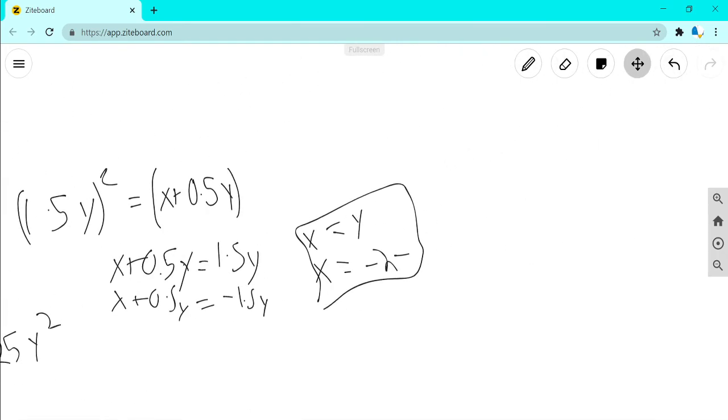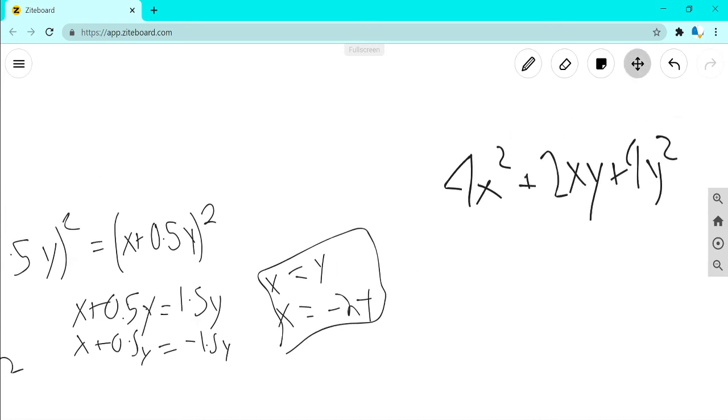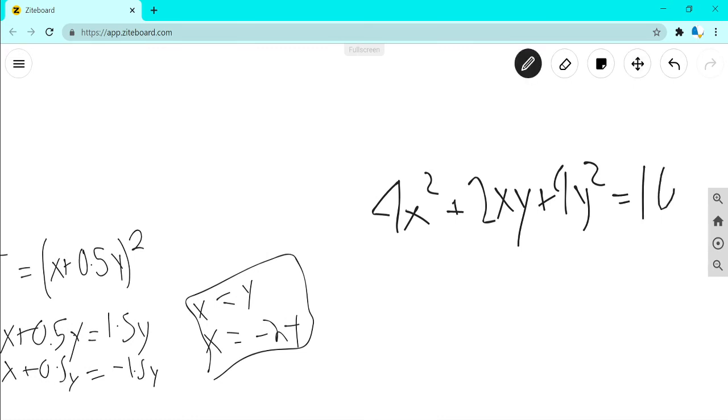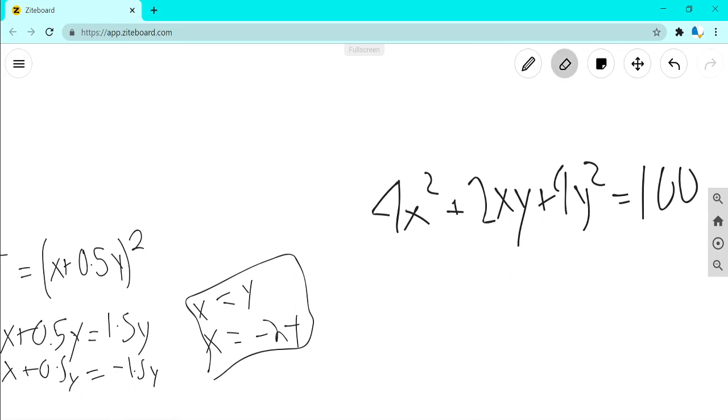Remember we said it had to satisfy 4x squared plus 2xy plus 9y squared equal to 100. So let's plug in x equals y, and you're going to get 4y squared plus 2y squared plus 9y squared, which is just 15y squared equals 100.